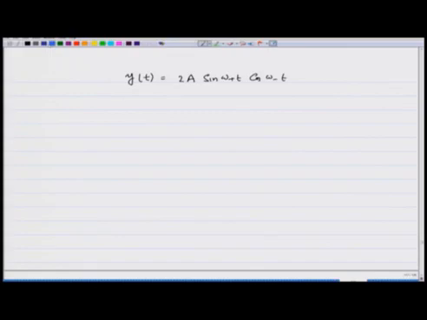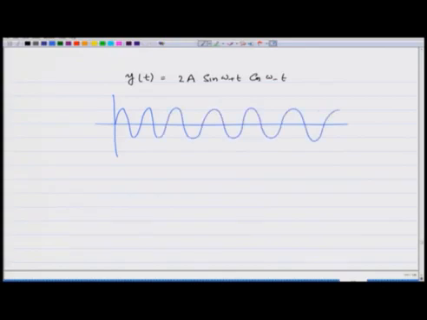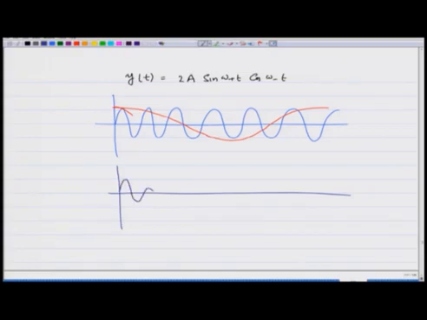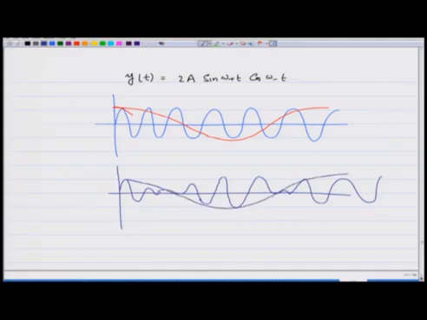If I were to plot the cosine term, it will be something like this. So, sine omega t is going like this, the cosine omega t term would be 1 here, and then slowly go to 0 and go like this. So, the product is going to look like this: large, it will become small, and it will pick up again, become small, and it will pick up again. So this is going to be a profile like this.